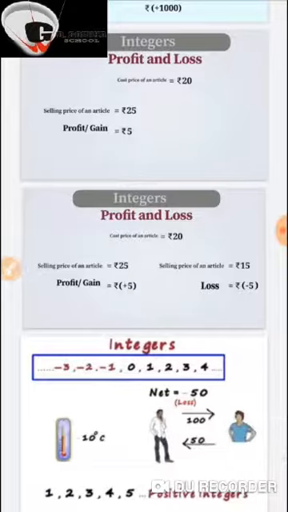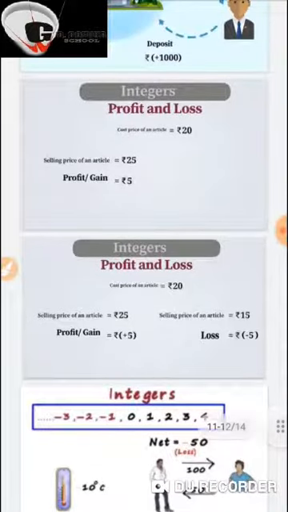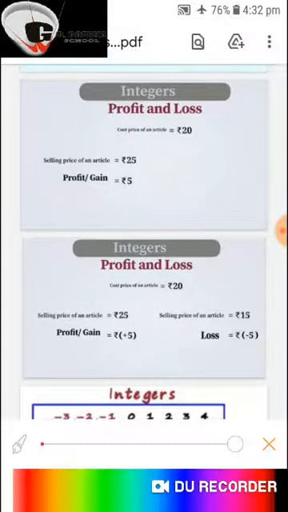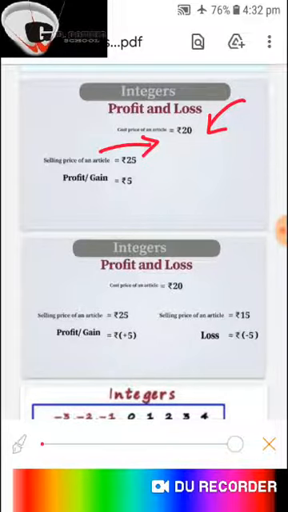Let us consider profit and loss as well. Suppose a person bought an article for 20 rupees and he sold it for 25 rupees, it means he got a profit of 5 rupees. So we are going to write the profit with a positive sign.